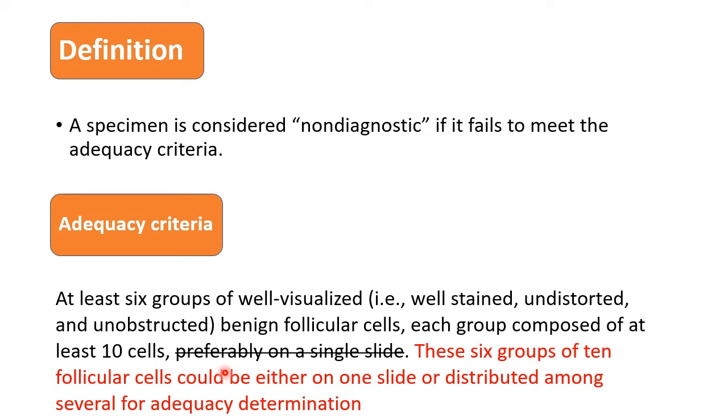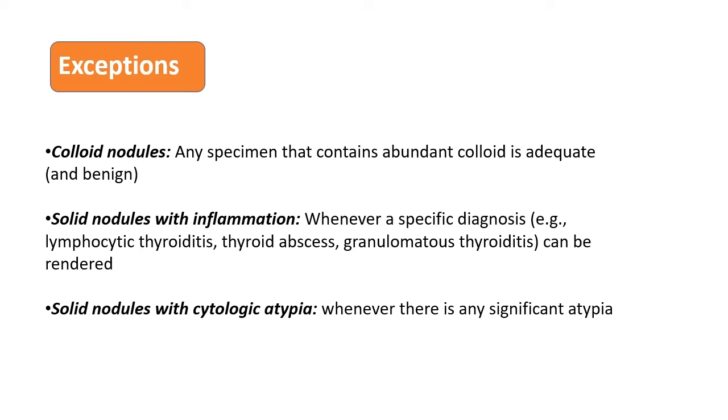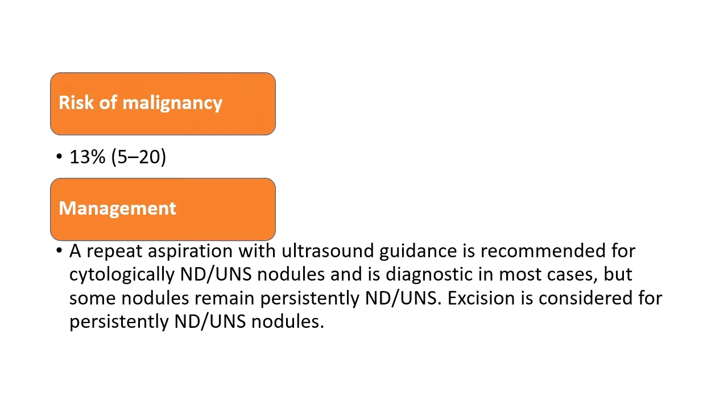The previous Bethesda stated that these cells should preferably be present on a single slide. However, the new Bethesda says that these 6 groups of 10 follicular cells can be present on one slide, or they may be distributed among several slides for adequacy determination. The exceptions remain the same.